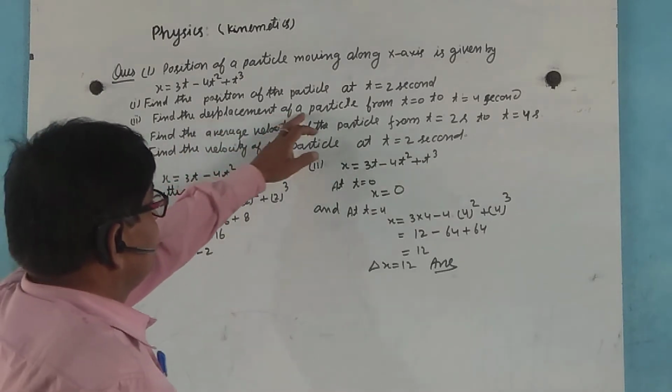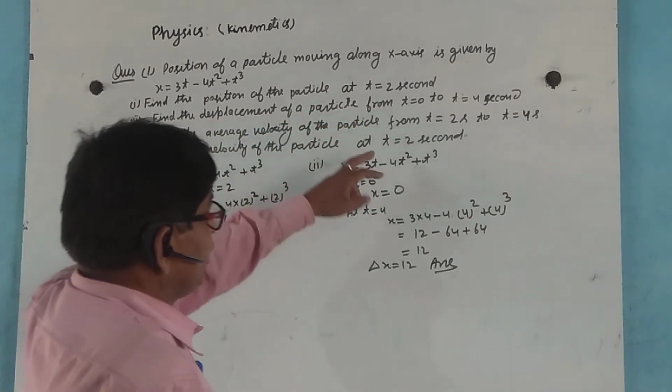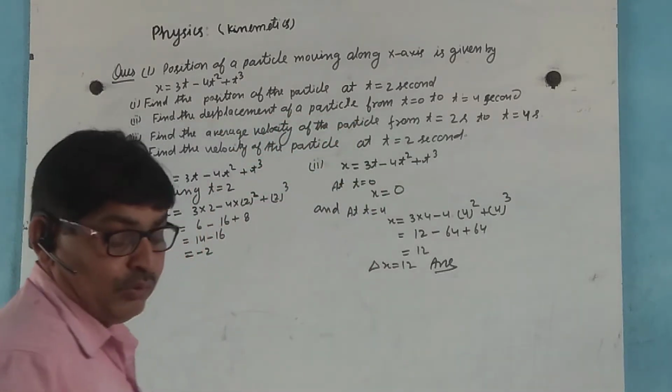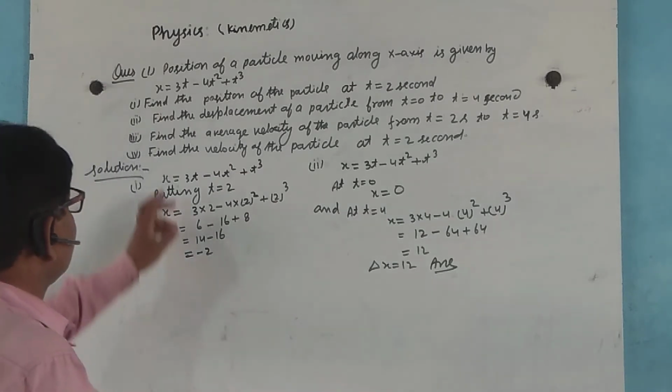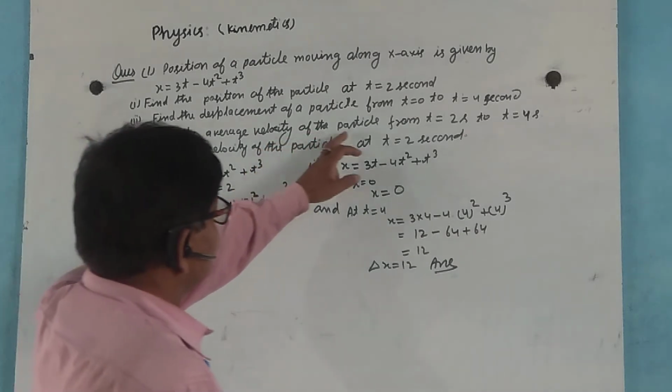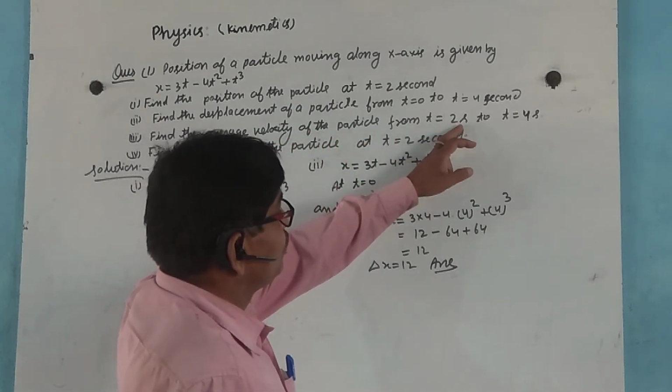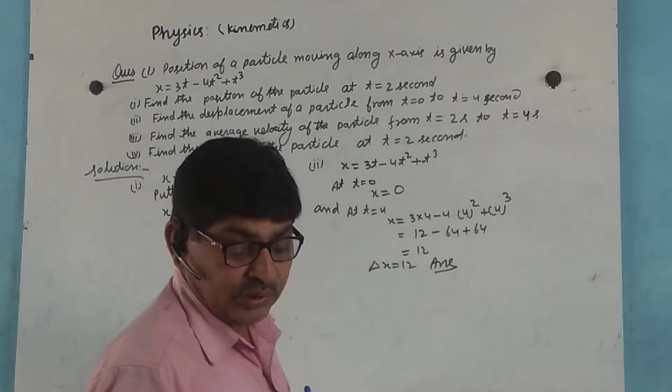The displacement of the particle will be 12 here. And third, find the average velocity of the particle from 2 seconds to 4 seconds.